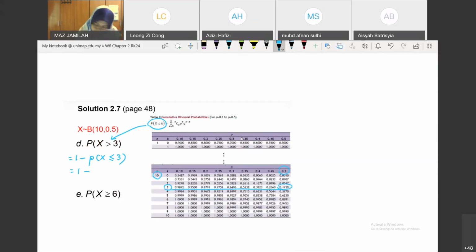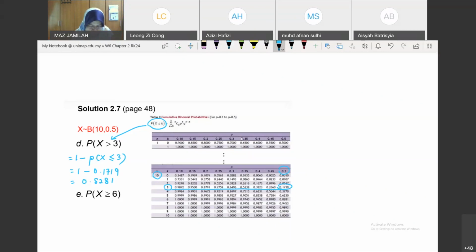You will have 0.1719. So 1 minus 0.1719 gives you 0.8281. Okay, class?